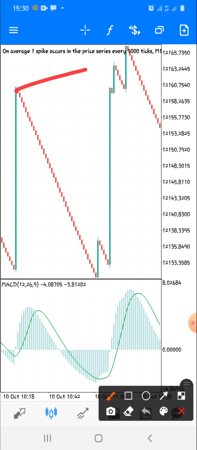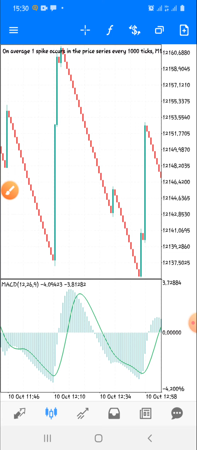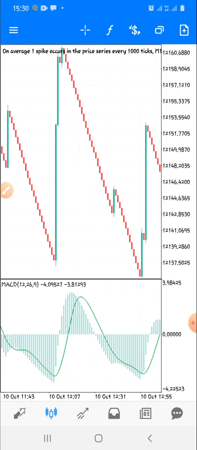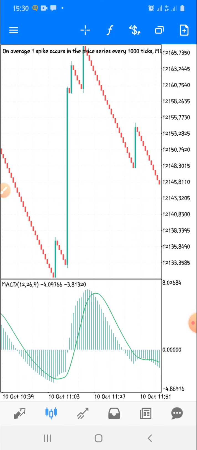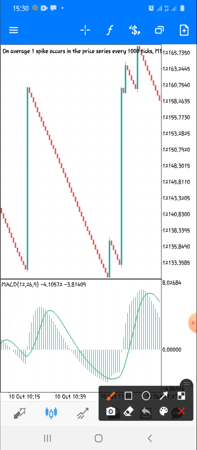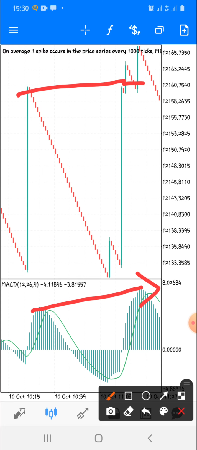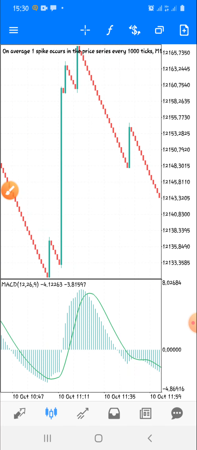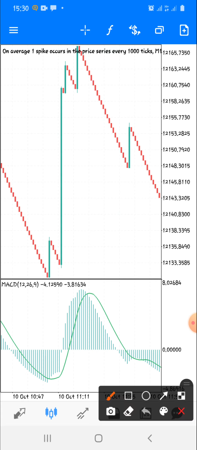If you connect the lines here, and you connect the lines here, sometimes you find that the spikes are almost horizontal. Then the histogram is slanted. You can also enter a trade, that is a selling trade here.